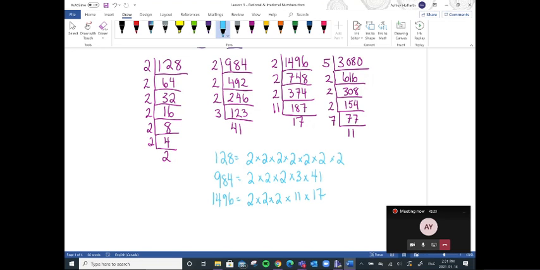And our last one, usually when we're writing out prime factorizations, you always want to start with the smallest number and work your way towards the biggest number just to keep them nice and ordered. So I had a 5 first, but my 2's are the smaller numbers. So there's 3 2's, 1 5, 1 7, and 11.